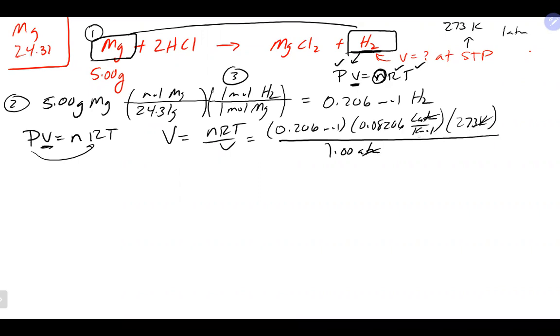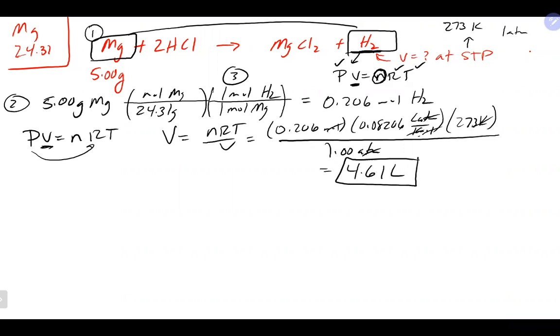Kelvins cancel, moles cancel, and atmospheres cancel. That gives us 0.206 times 0.08206 times 273, which gets us somewhere in the ballpark of 4.61 liters.